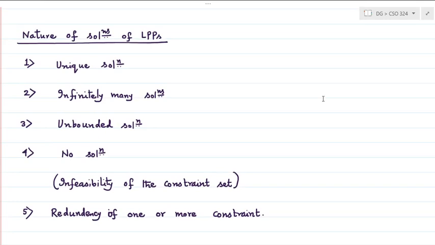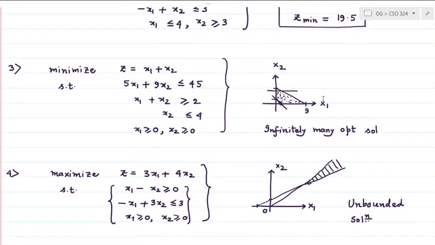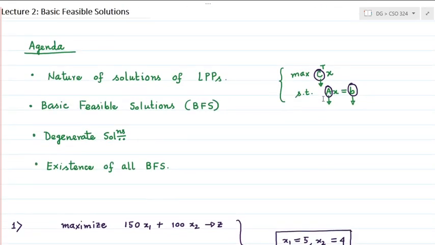And in order to find that, we require an efficient technique to solve the constraint set. By solving the constraint set, as I have mentioned on the last day, all the theoretical discussion will be done only on the standard form of linear programming problems.